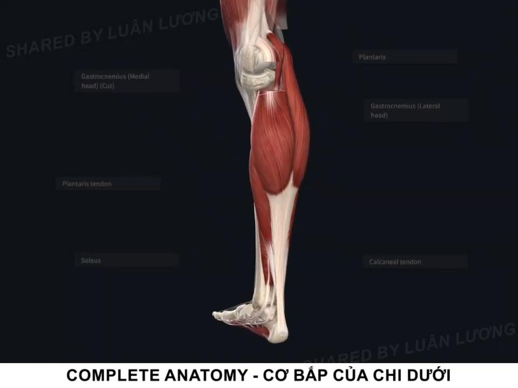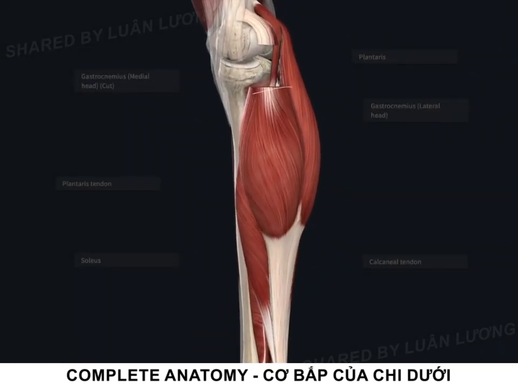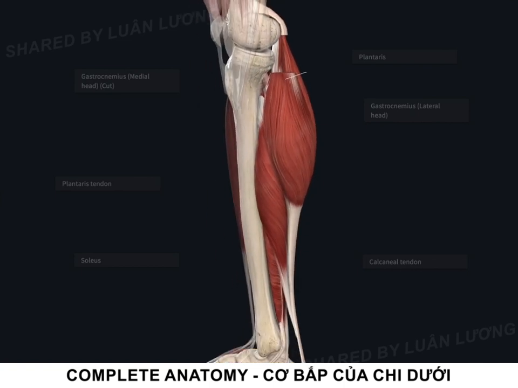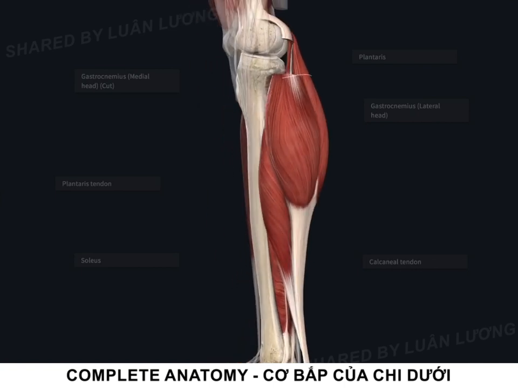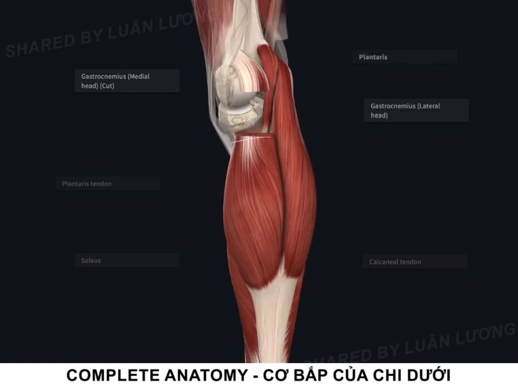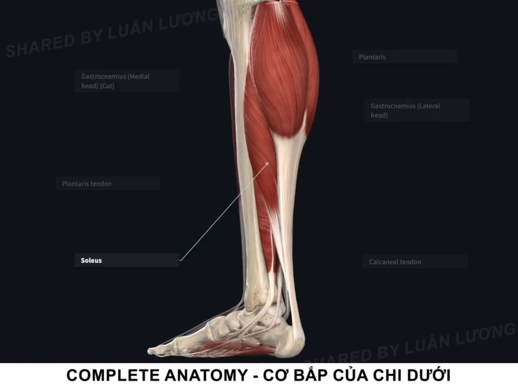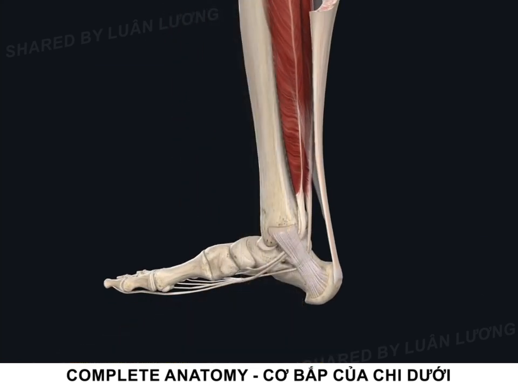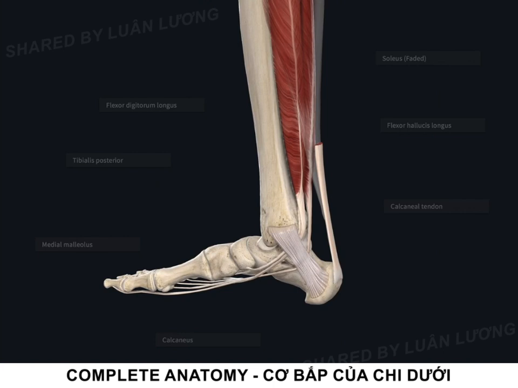The posterior compartment of the leg had two different portions. The superficial compartment, which consisted of the gastrocnemius with its medial and lateral heads, the plantaris, and the soleus. Let's now take a closer look at the deep group of muscles within this posterior compartment by hiding and fading the superficial group.